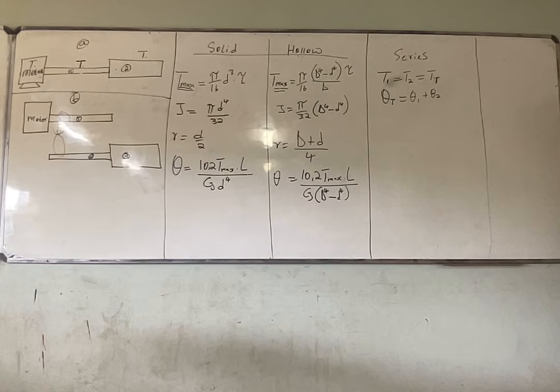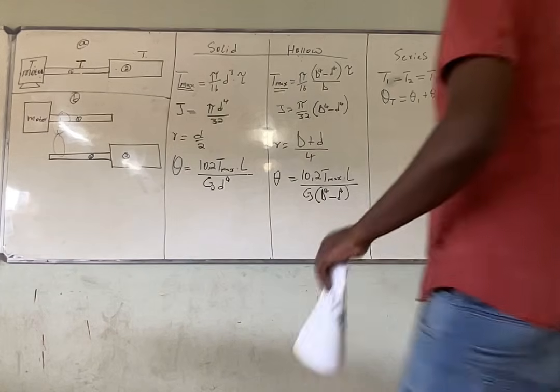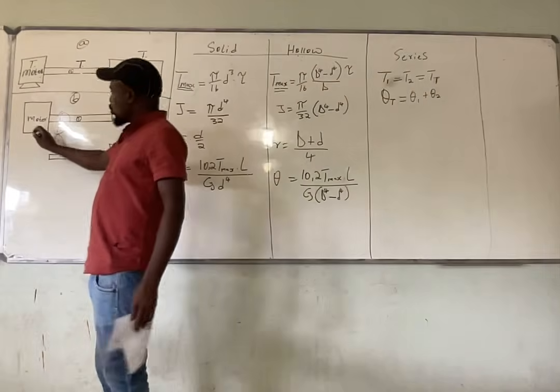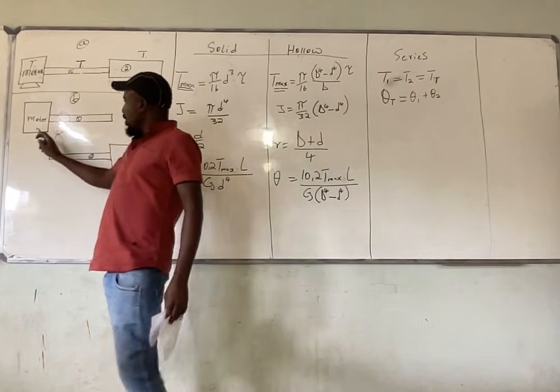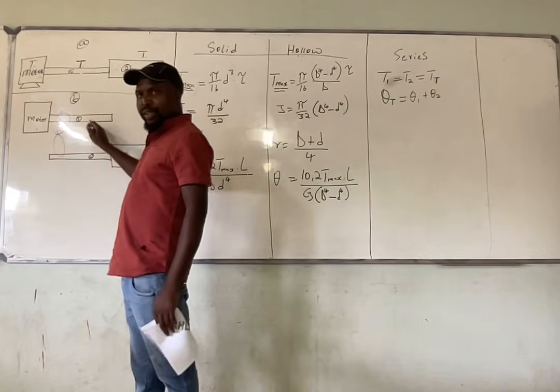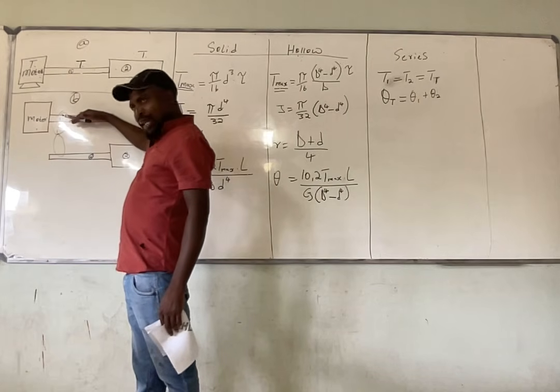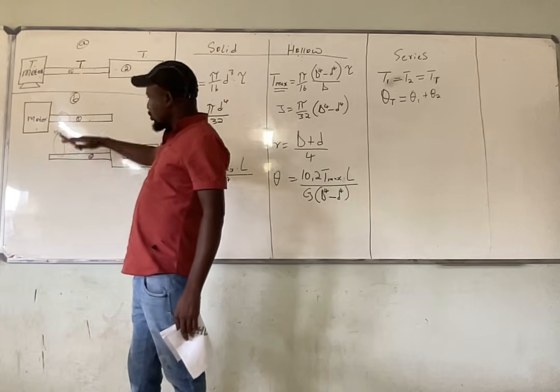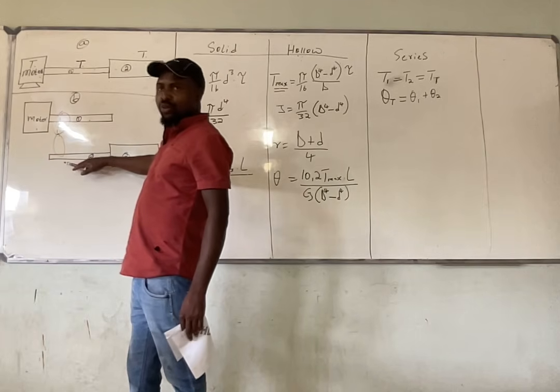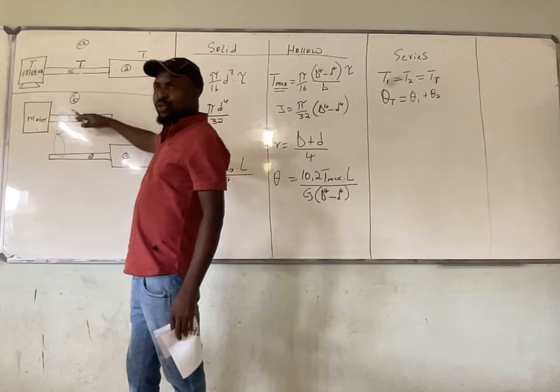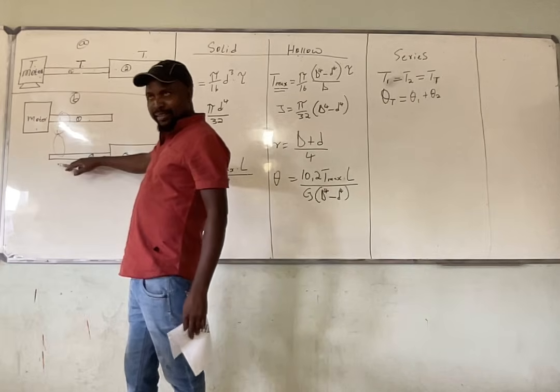Series. So in this case, the torque of the motor is equal to the torque on the shaft. But the torque on shaft 1 is not the same as the torque on shaft 2, because these two are connected in parallel.